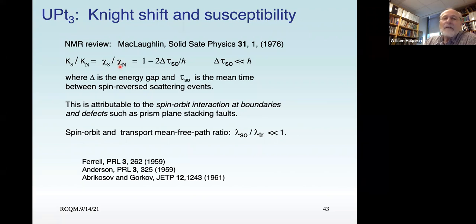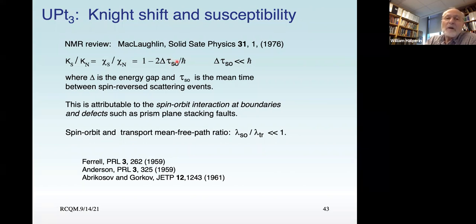In the limit of boundaries or anything that invokes spin orbit coupling, in proportion to the energy gap compared to the spin orbit spin reversal time, as expressed by Phil Anderson, you get the strong spin orbit scattering limit of 1 minus 2 times something which could be small.